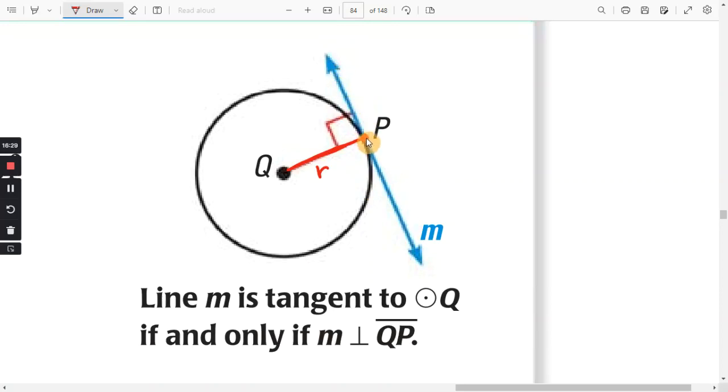So P is the endpoint of the radius, and it is also the point of tangency. And what they're saying is that tangent line is perpendicular to the radius. Okay, so the only way that line M can be a tangent line is if line M is perpendicular to QP.